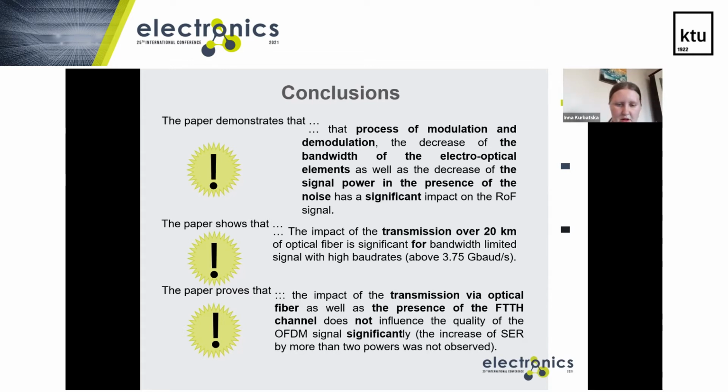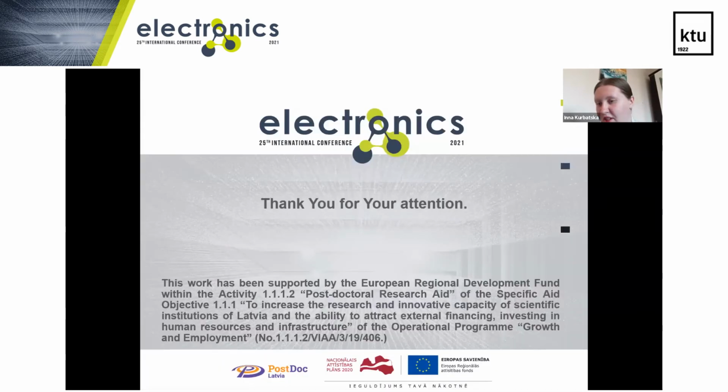And we proved that coexistence with the existing systems is not a very important factor, and it has no impact on this new signal. Yes, that is all. Thank you for your attention.